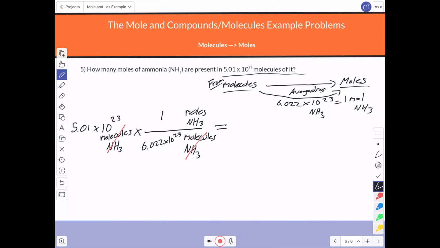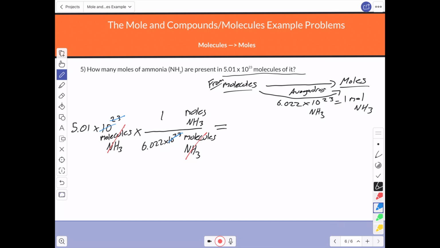So we end up dividing 5.01 divided by 6.022, and the 23's will cancel out since we're doing 10 to the 23 divided by 10 to the 23. So it's just 5.01 divided by 6.022, and that will give us our moles.